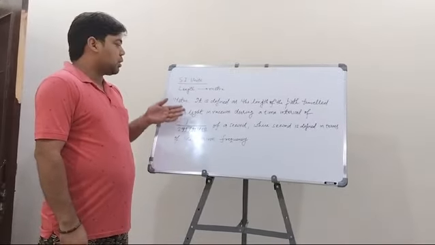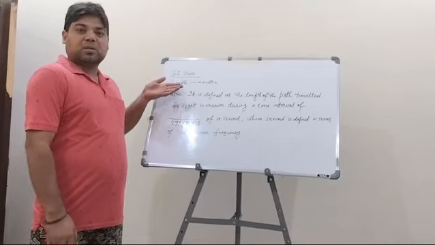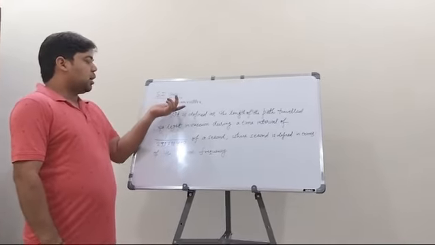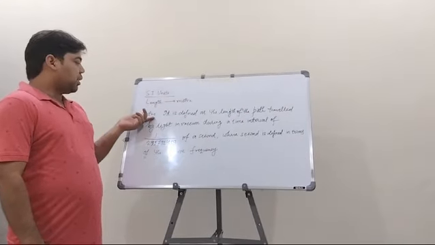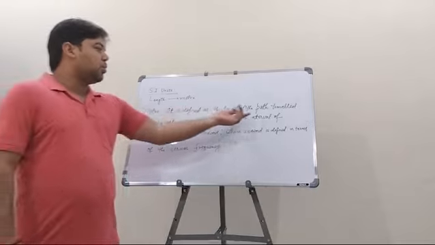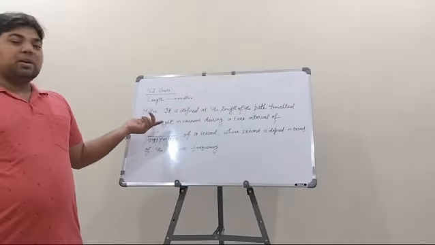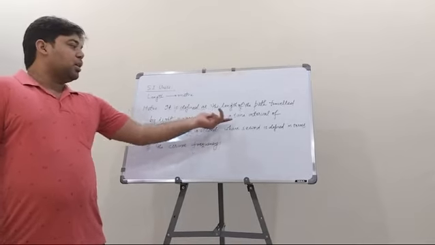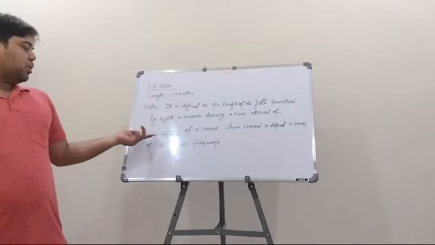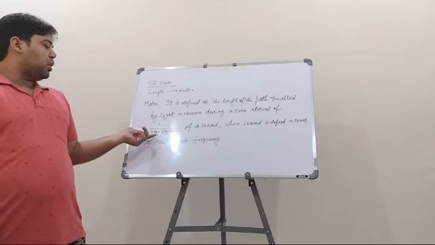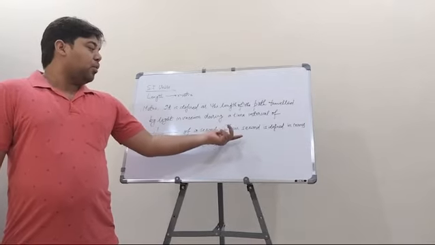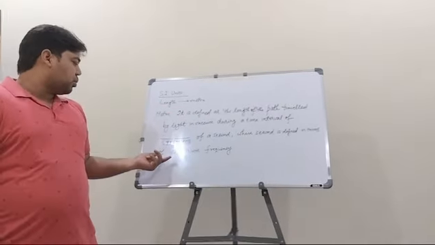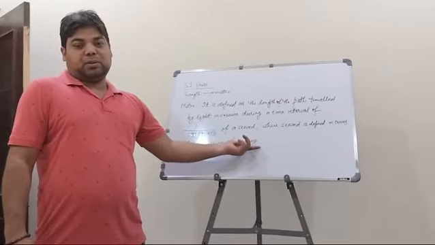Now let us define the SI units. First we will go to length, and the SI unit of length is meter. So meter is defined as the length of the path traveled by light in vacuum during a time interval of 1 upon 299792458 of a second, where second is defined in terms of the cesium frequency.